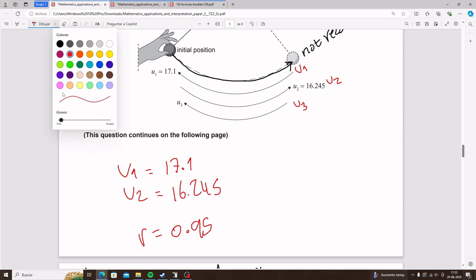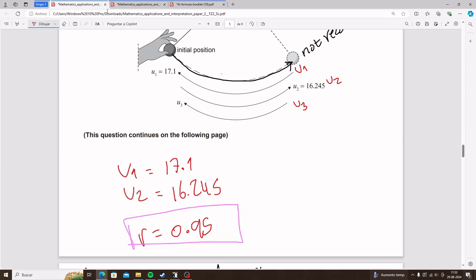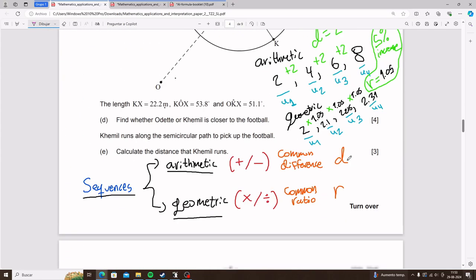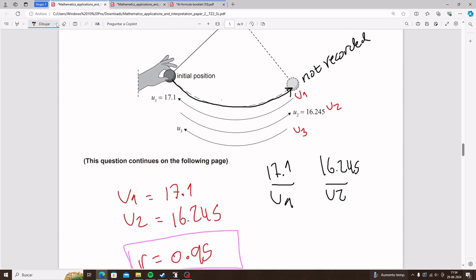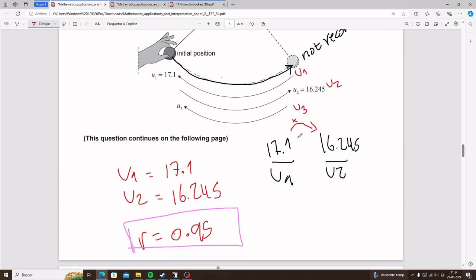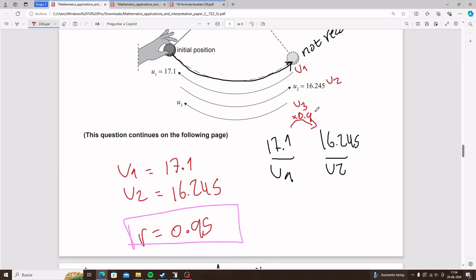And so the big concept that we need to understand here is that, much how I showed it visually up there, if you write it out, your U1 is 17.1 and your U2 is 16.245, well, you know that your R is 0.95, so going in this direction, you have a times 0.95.